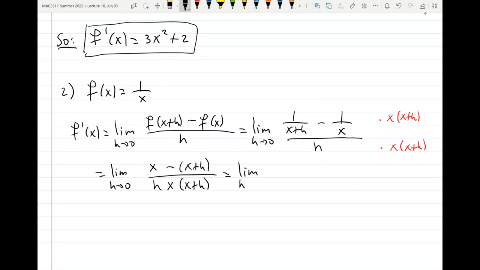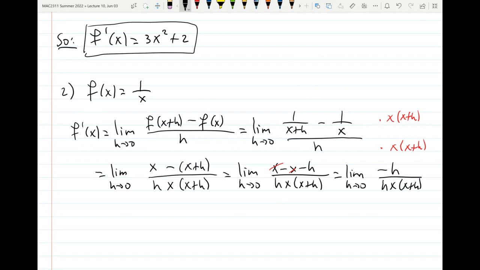So now we get the limit as h approaches 0 of x minus x plus h, over x times x plus h. The x cancels out, so we get the limit as h approaches 0 of negative h on top, and then h times x plus h.